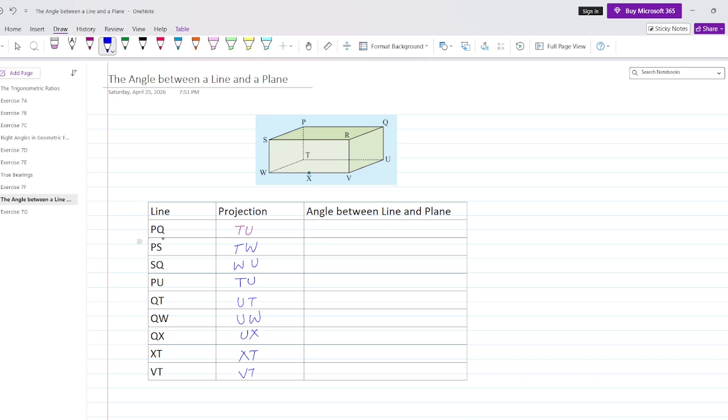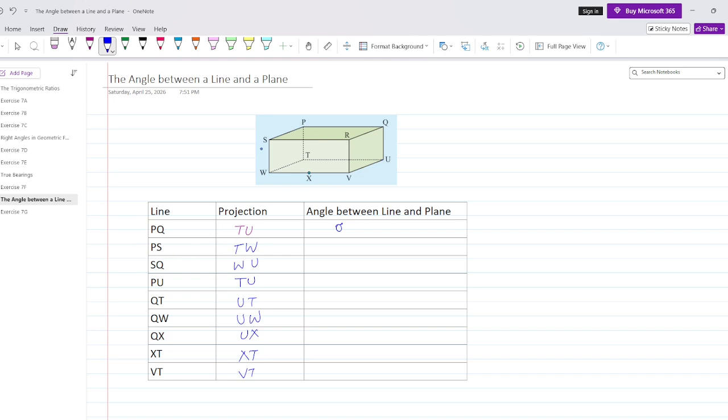For the line PQ, the angle is going to be the angle between line PQ and its projection. So PQ and TU. We know PQ and TU will never intersect, so they will never form an angle between them. Therefore, this angle is going to be 0 degrees. The angle between line PS and a plane is going to be the angle between line PS and its projection TW.